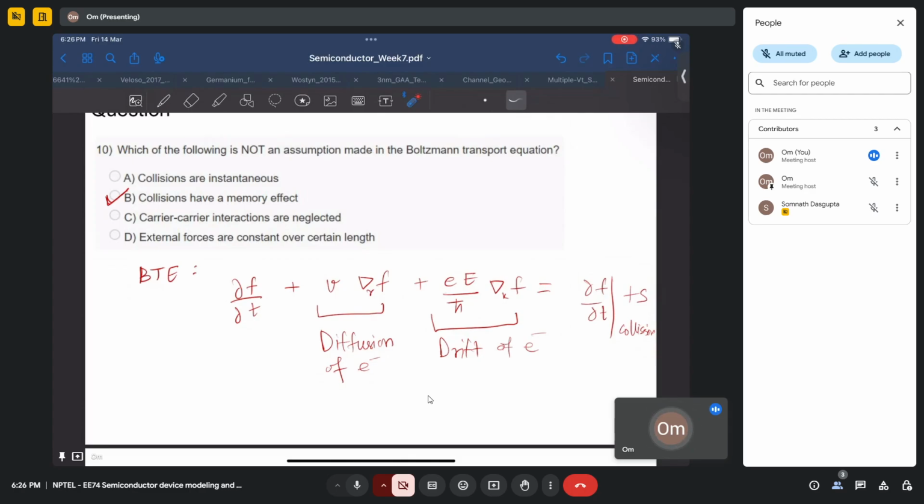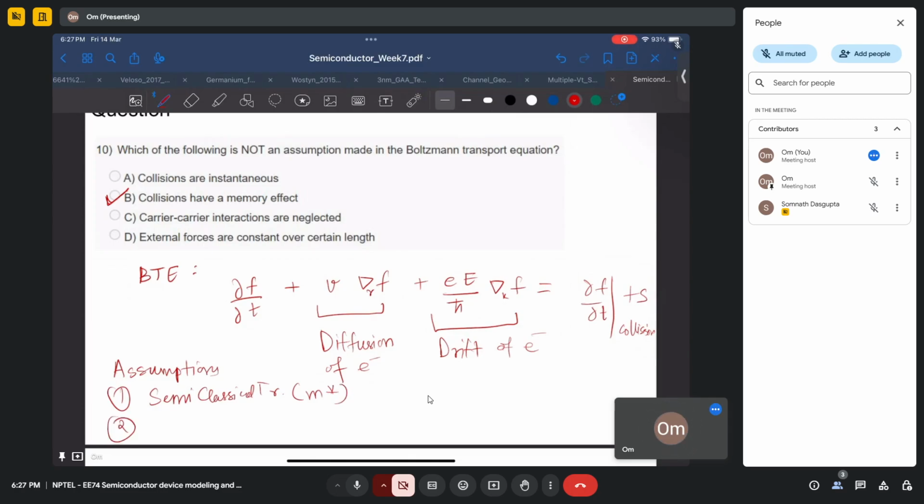Now the assumptions when this is derived are: first of all, semi-classical transport, which is effective mass approximation.